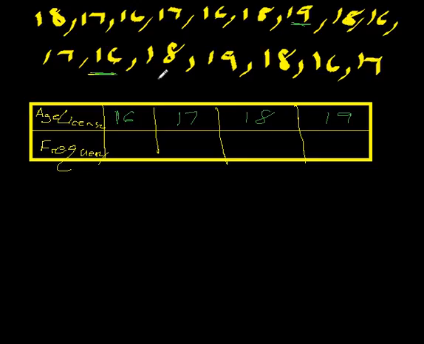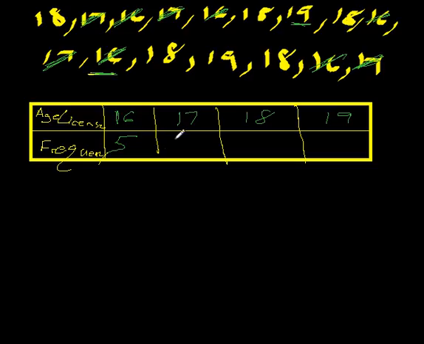Let's go through and start counting how many times each value occurs. I got 1 16, 2 16s, 3, 4, and 5. So 5 people obtained their license at age 16. Now at age 17: 1, 2, 3, and 4.